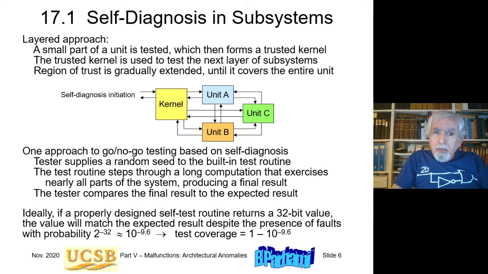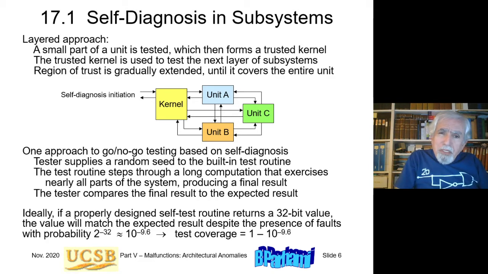So one approach is go, no-go testing. Go, no-go testing is basically a test that says whether a unit is okay or not okay. We don't try to diagnose what's wrong internally to that unit. We just want to determine whether that unit is okay or not okay. So that's called a go, no-go test. We can do this based on self-diagnosis in the following way.